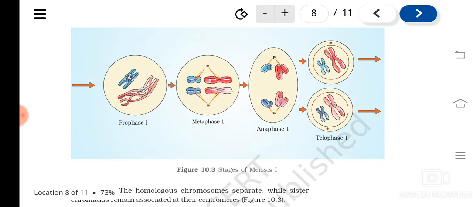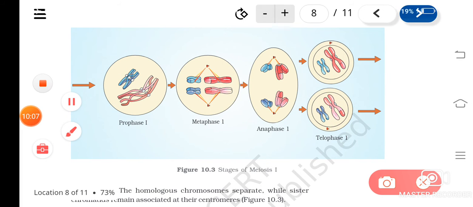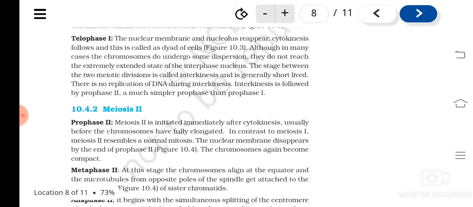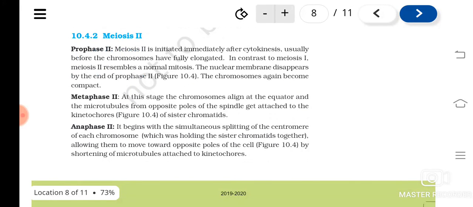Now in the next phase, at the end of metaphase, they get attached to the spindle fibers and start moving to the poles. From each pair, one will move to the poles. You can see here, these two will move to this pole and these two will move to the other pole. Likewise the chromosome movement takes place.